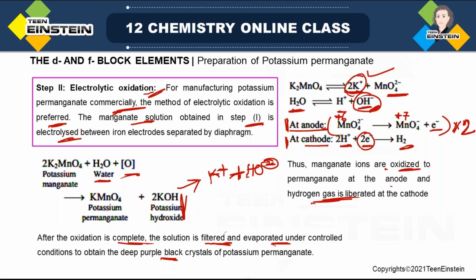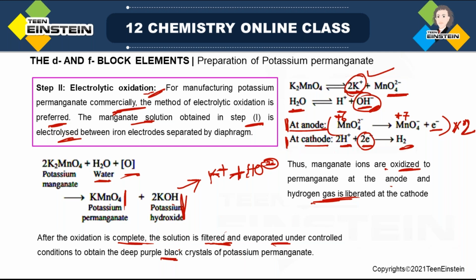Because KOH is also produced as a byproduct, but KOH has better solubility compared to KMnO4 in water. So compared to KOH, as it has more solubility, KMnO4 can remain in solid state. That is, if there is enough KMnO4 in water, it will remain as insoluble. So that is why you can filter it. Okay.